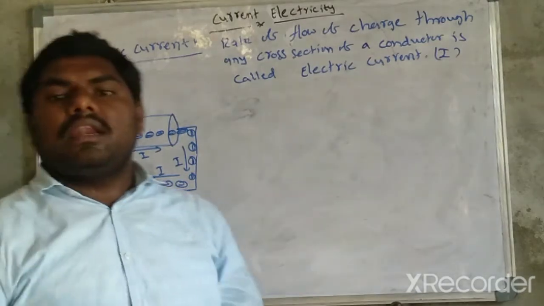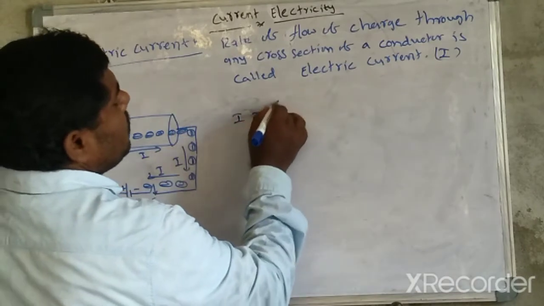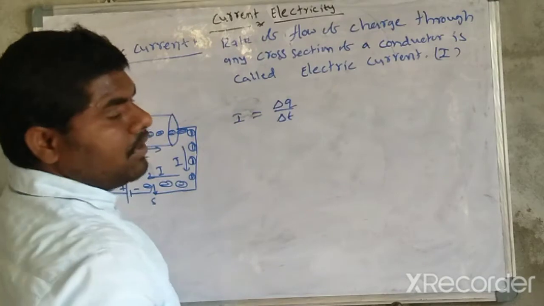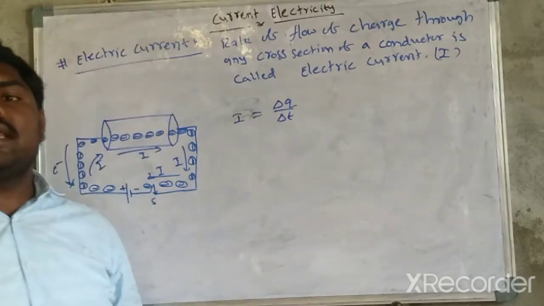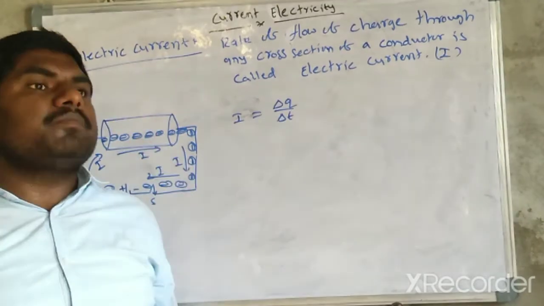So the current I is equal to the changing charge divided by the time interval delta t, where delta t is an instantaneous, small interval of time.